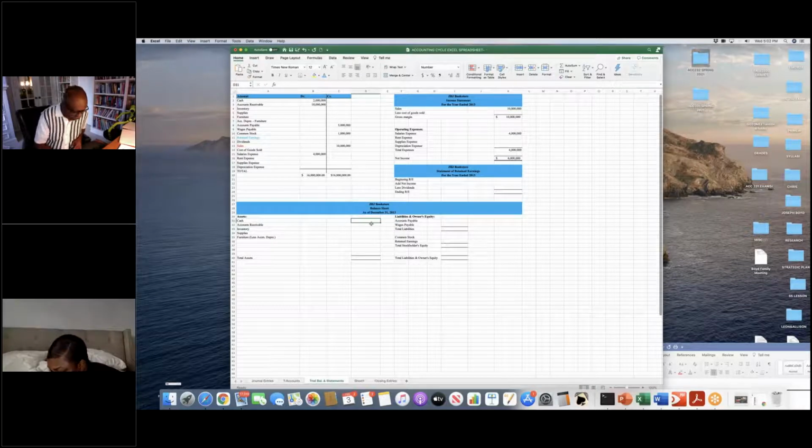So cash is 2 million. On our balance sheet, what else we got on the balance sheet? Receivables of 10 million. So total assets of what? 12 million.